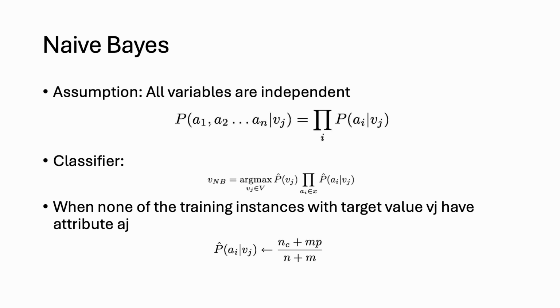That avoids the probability of Ai given Vj equaling 0, because that probability is one factor in the product of the classifier function. Therefore, if it equals 0, the whole function will equal 0, which makes us lose that information and usually produces an incorrect prediction.